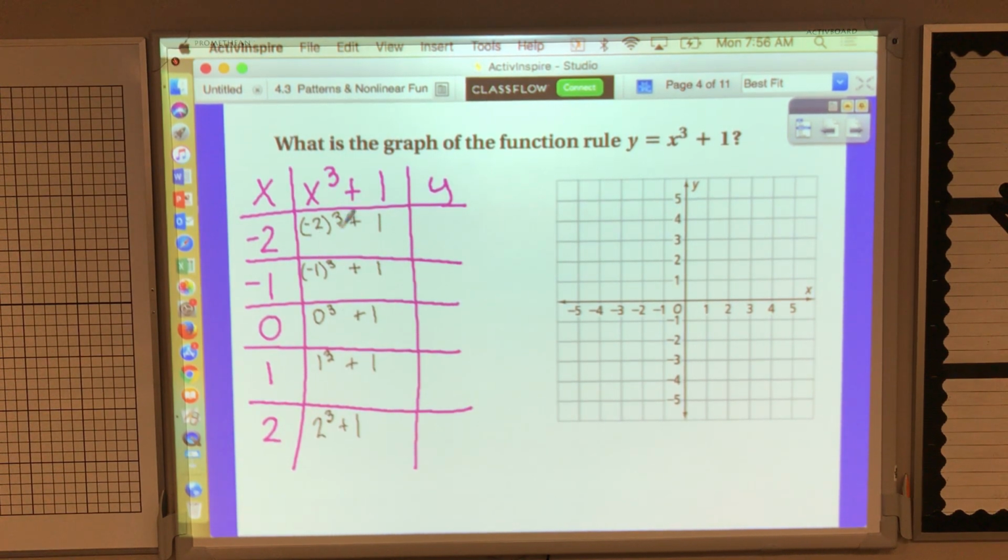So -2 to the third power. -2 times -2 is 4, times another -2 is -8. So I'm at -8 plus 1. Okay? -8 plus 1 is -7. When I sub in -1, -1 times -1 is 1, times -1 is still -1, plus 1 is 0.